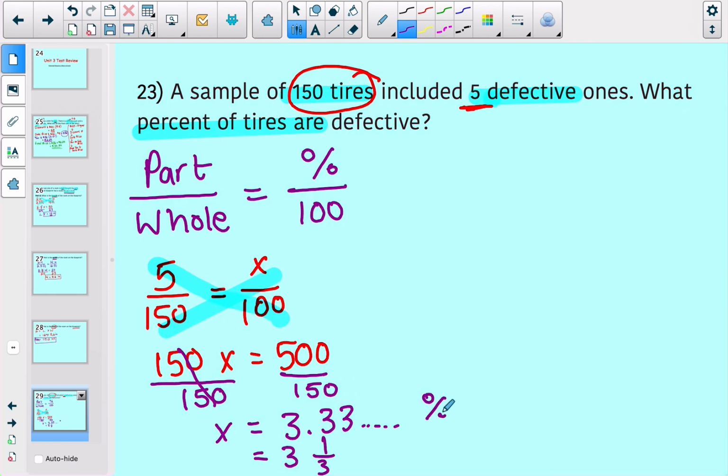But remember, both of them are fractions. If you write it as a fraction, then you don't have to worry about rounding off. But 3.33 rounds to 3.33%, and that should be your final answer.